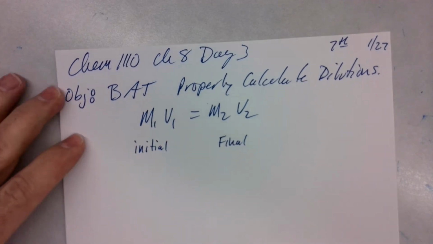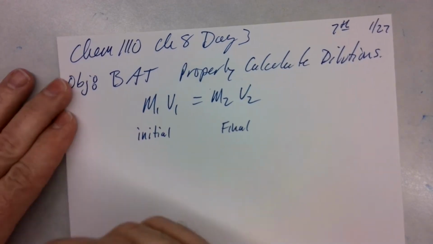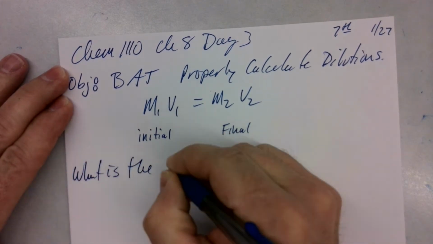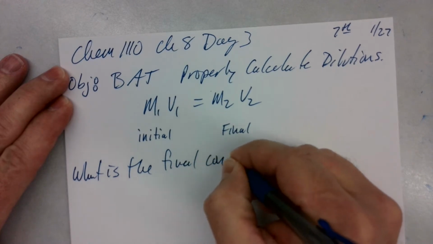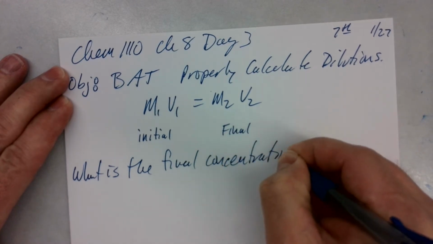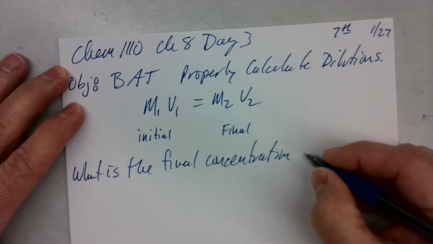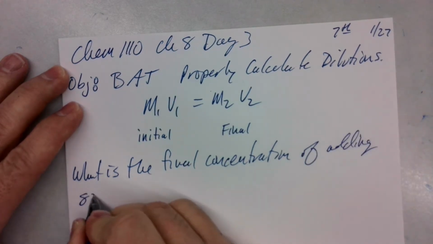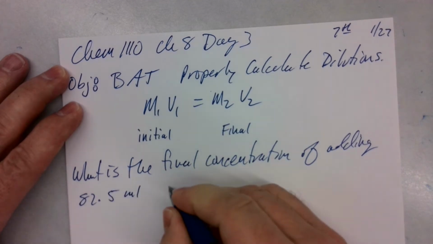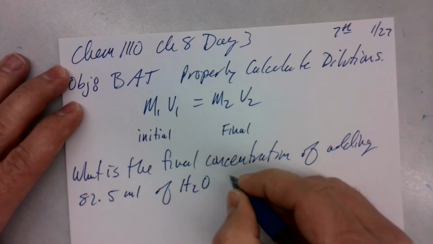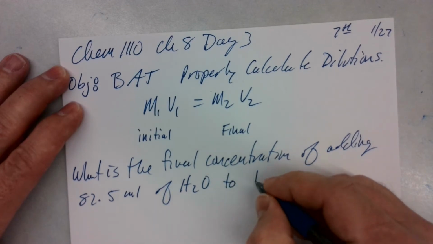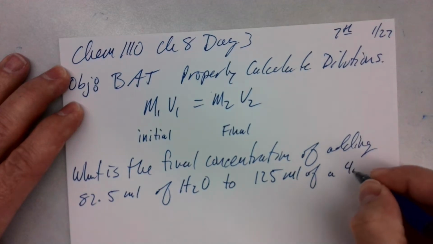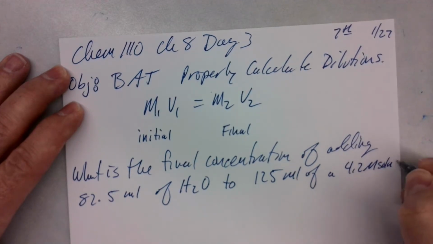So the problem is going to look something like this: what is the final concentration of adding 82.5 milliliters of H2O to 125 milliliters of a 4.2 molar solution?